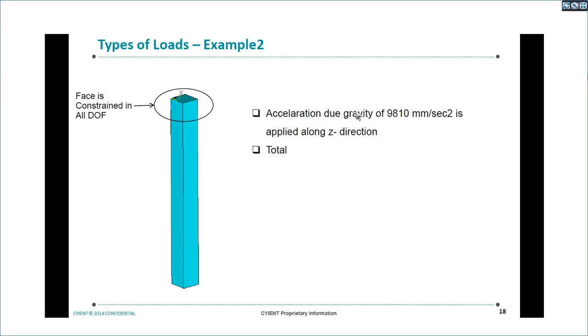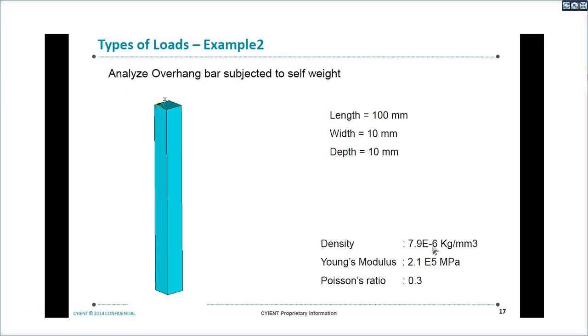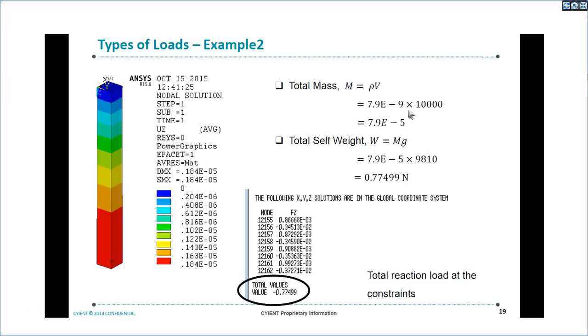Total mass is given by this one. From density we got total mass, and then mass into gravitational acceleration, we got this one. So this is the load acting on the component.